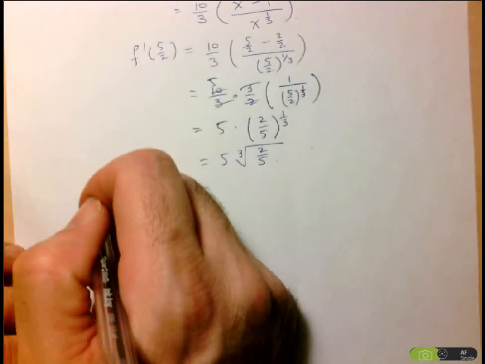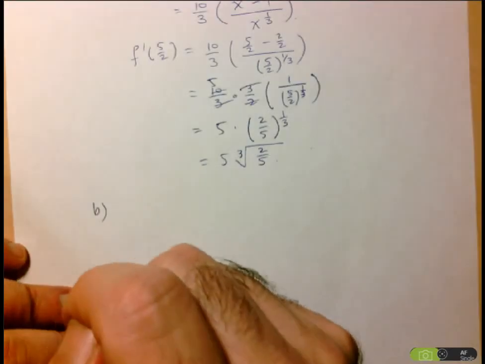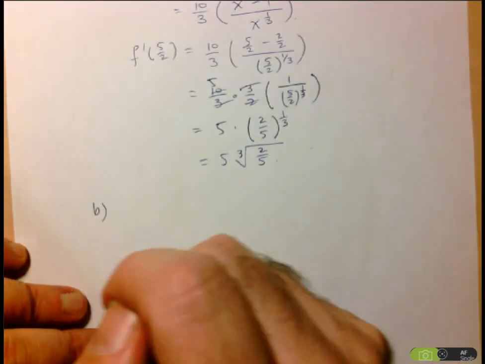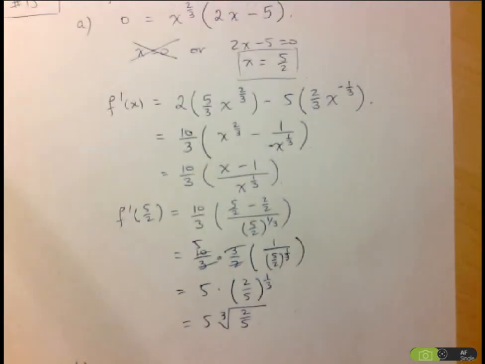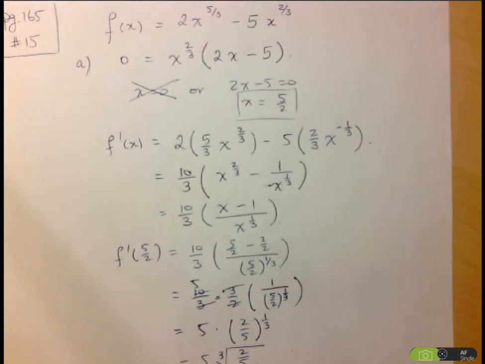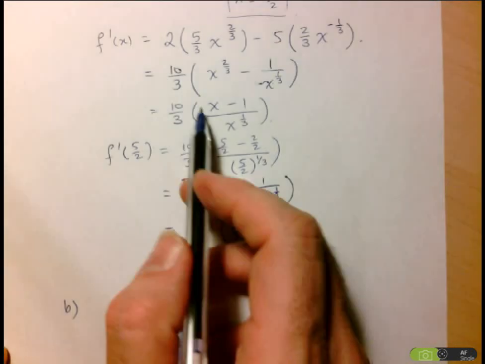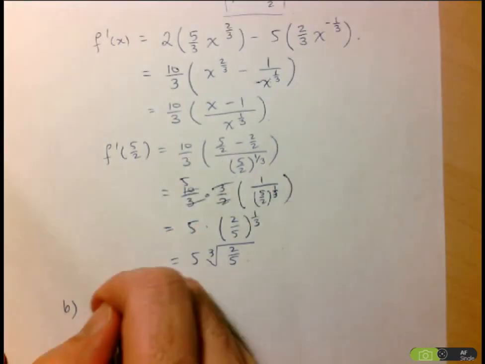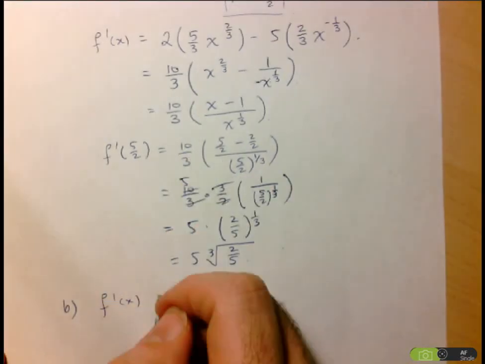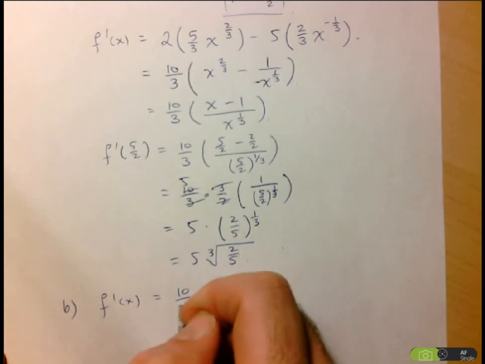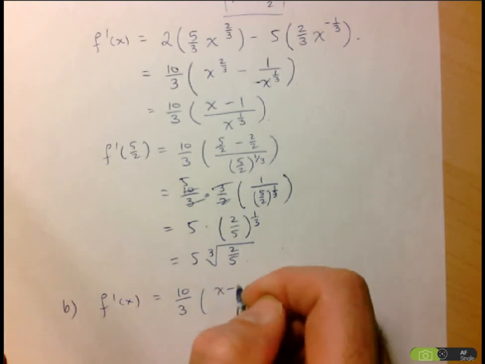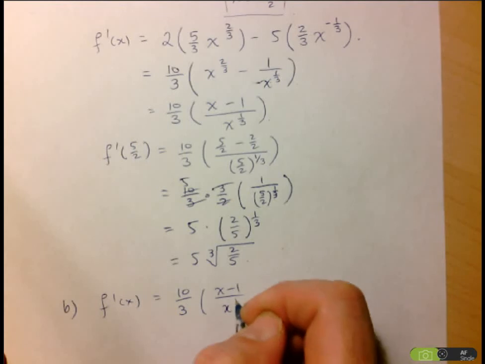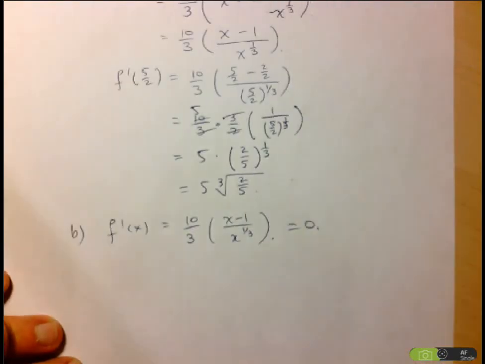Now if we take a look at B, B came down to determining where the derivative was equal to 0. So I'm going to go back and take my derivative, the last version. So f prime of x is equal to 10/3 times x minus 1 over x to the 1/3, and we need this to be equal to 0.